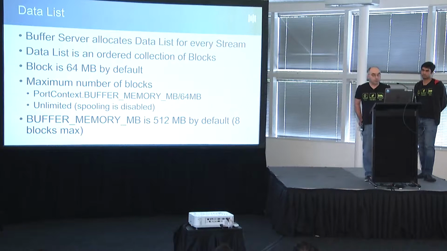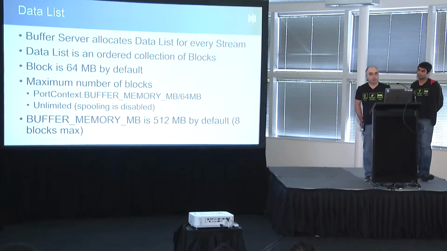And a data list is basically an ordered collection of blocks. The buffer server works at a block level, and by default, every block is 64 megabytes. This is done so that the buffer server can efficiently persist that on the local disk, right?